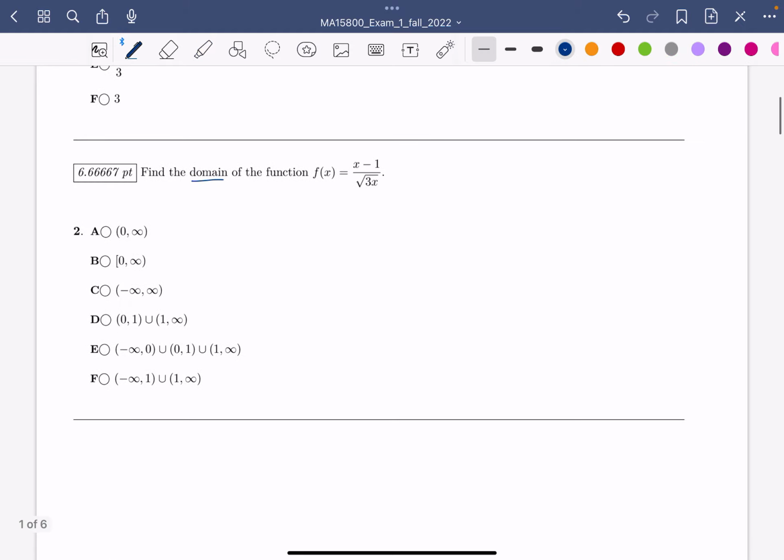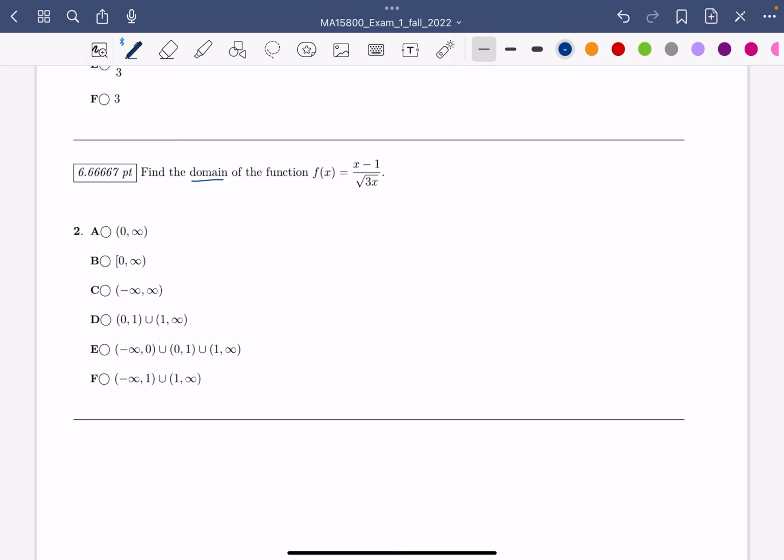Number 2, find the domain of the function f of x equals x minus 1 over the square root of 3x. So when we're trying to find the domain, a common spot where there's a discontinuity in the domain is with fractions, and because this is a fraction, you really need to check that denominator for discontinuities, or essentially where the denominator equals 0 or has a number that does not exist.